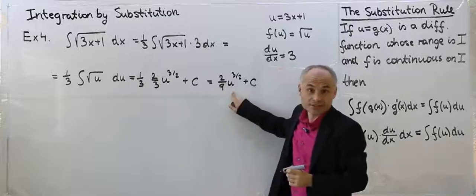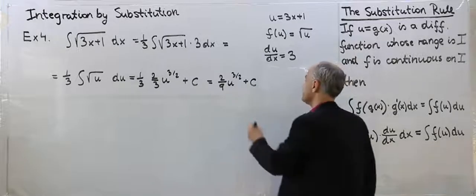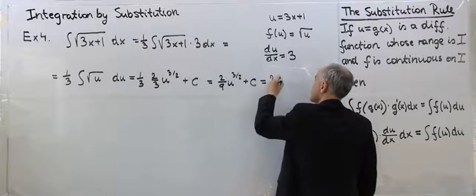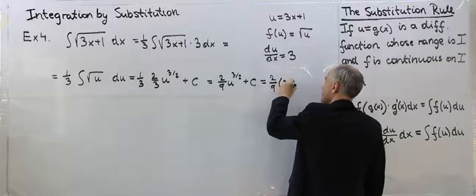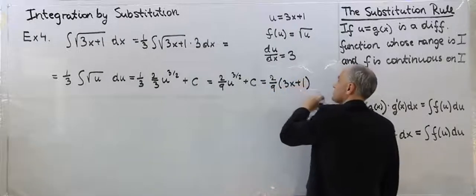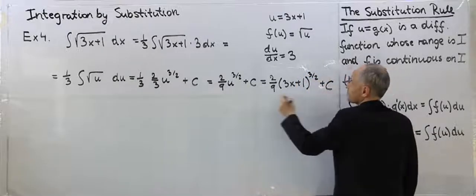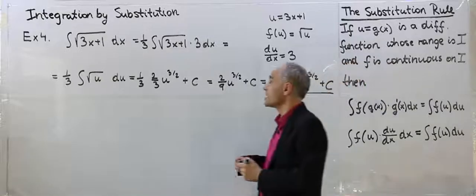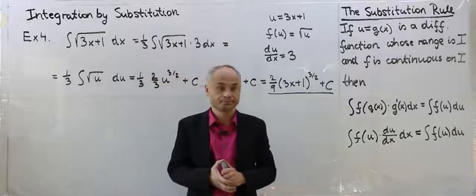Is that our final answer? No, because we have to return to our original variable. So we get 2/9 times 3x plus 1 to the power 3/2 plus c. And you can check that, in fact, if you differentiate this function, you get the square root of 3x plus 1.